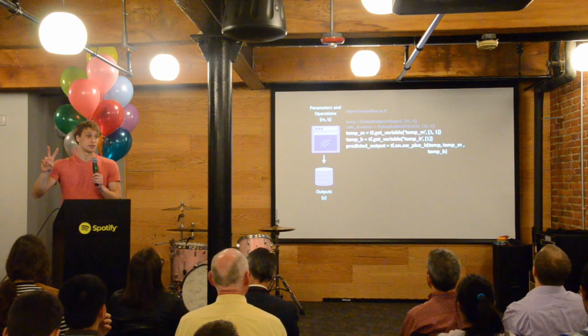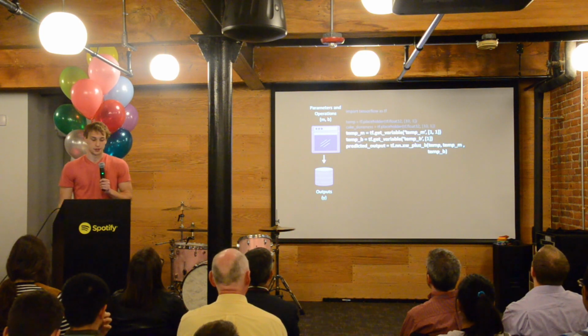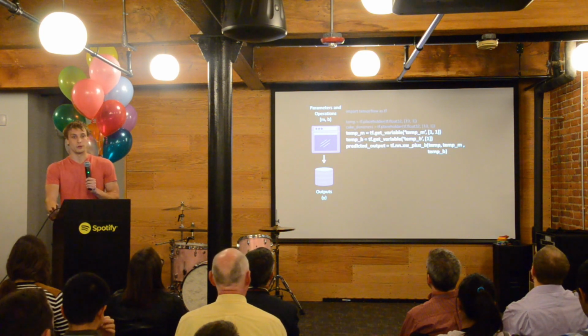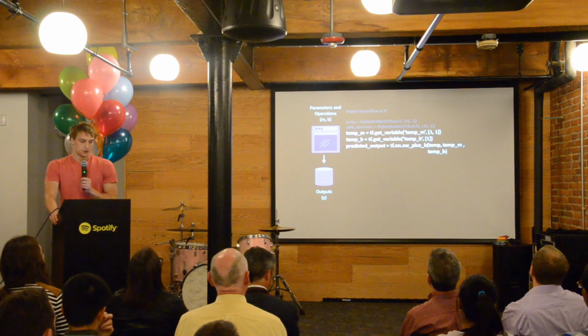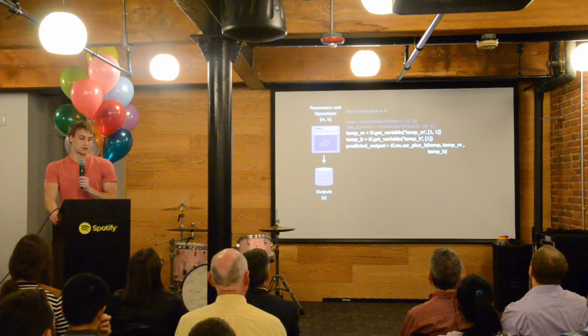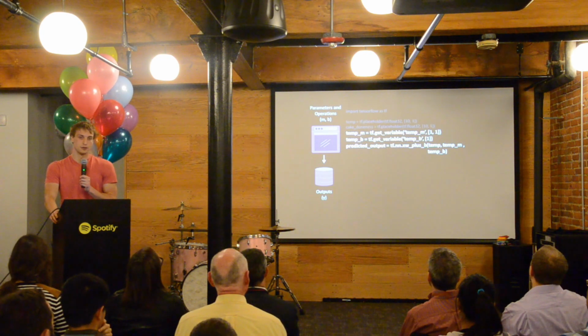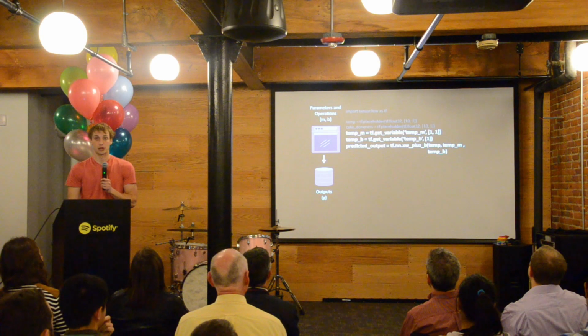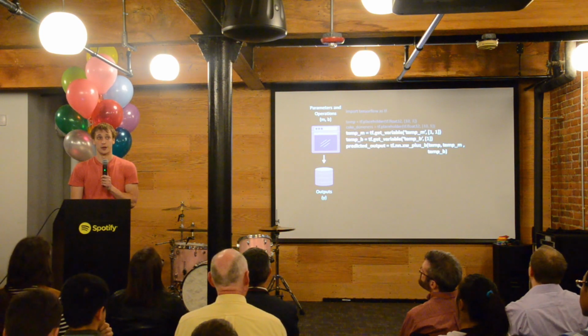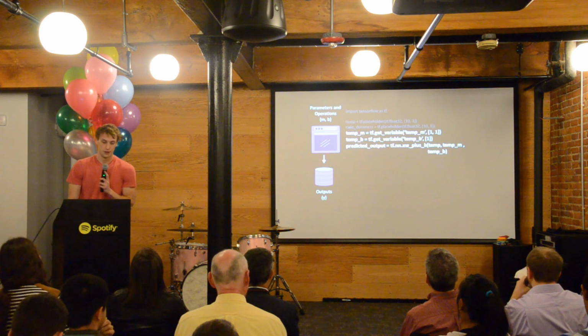The second easy piece is our parameters and operations. Again, this is where we compute mx plus b to fit the line to our data. For the m variable, I simply have to call tf.get_variable. I'm going to give it a name, temp_m. I'm going to give it a shape. I give it the shape 1 by 1 because we're mapping a scalar temperature value to a scalar doneness value.